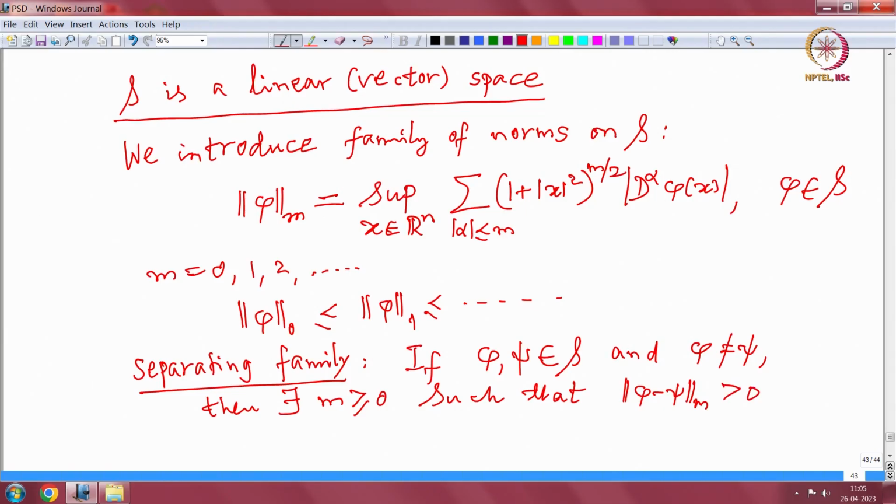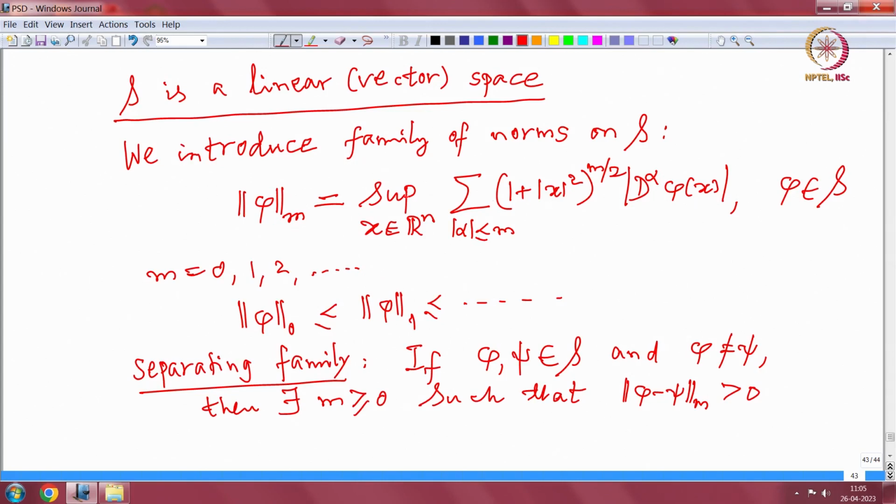Okay. So that enables us to define a metric topology on S, so that we stick to that topology in the study of the Schwarz space and its dual space.